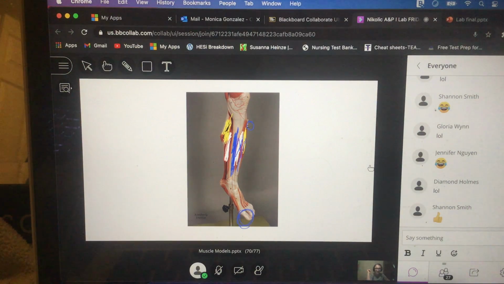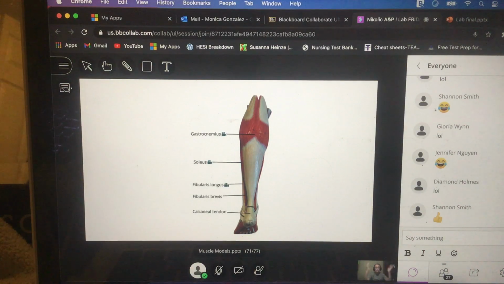I want that soleus separate, okay? And then it's kind of hard to see here, but technically that Achilles tendon would be down here. Now, it's a little too lateral for this, though. You really have to get up posterior. All right, guys, go, go, go. So, again, gastrocnemius, Achilles tendon, and just a little bit of the soleus peeking through here, okay?